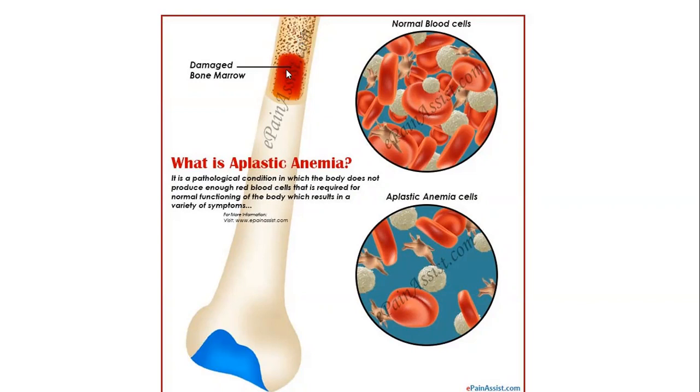So if there is a bone marrow problem, what is aplastic anemia? A means absent. It is a pathological condition in which the body does not produce enough blood cells that are required for normal function of the body, which results in a variety of symptoms. So in aplastic anemia, there is an absence of cells.